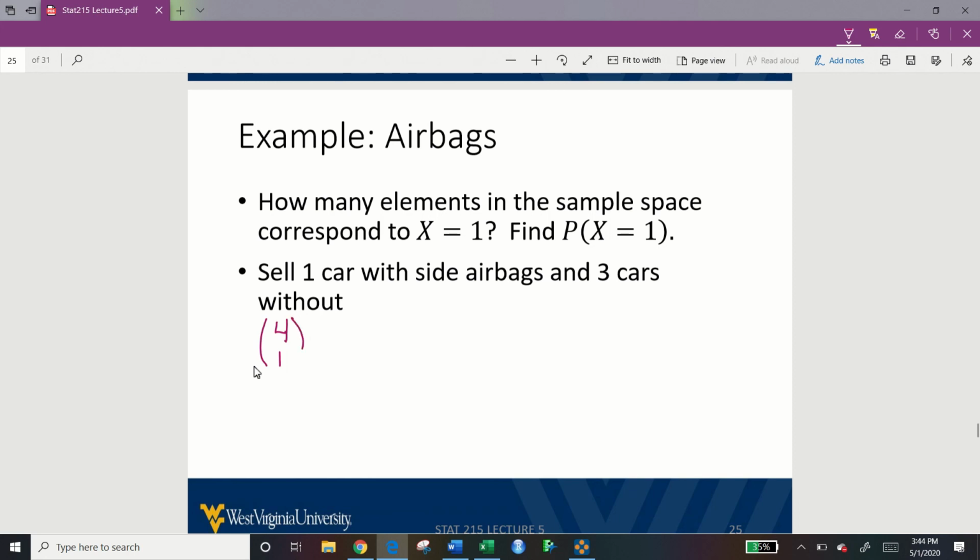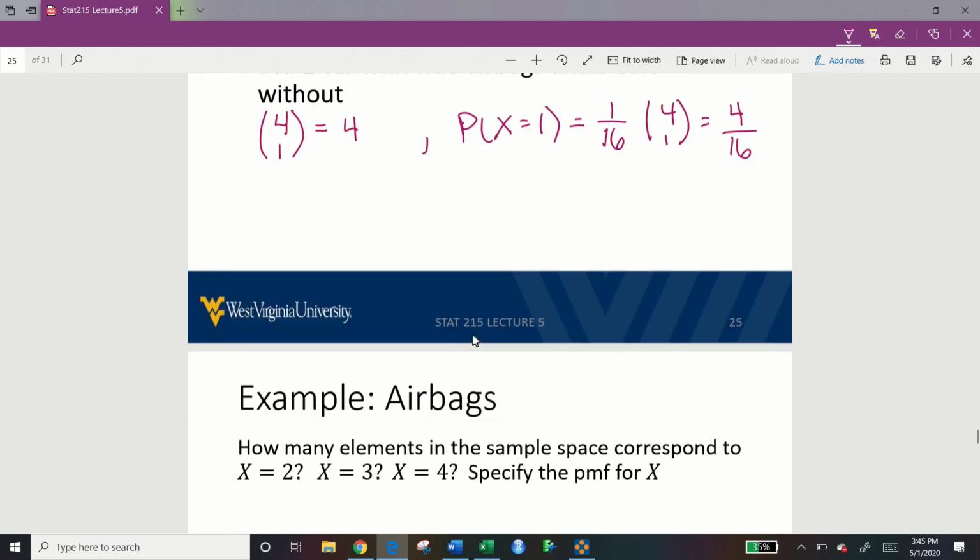So we are doing 4 choose 1, which is going to equal 4. Meaning our probability of X equals 1 is going to be 1/16 times 4 choose 1, or 4/16. Not too bad. Let's keep going.